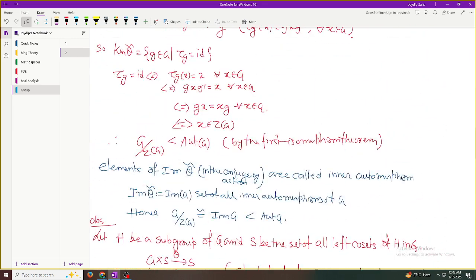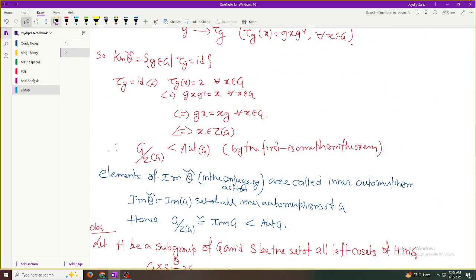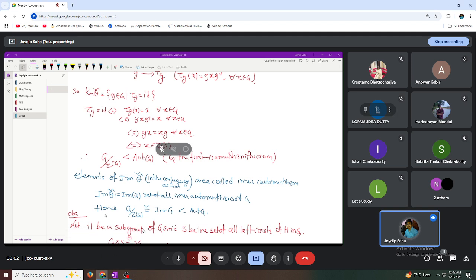So there are two or three special types of group actions. One is left translation, another is conjugation, another is left translation on the set of cosets, and another is conjugation on the set of all subgroups.